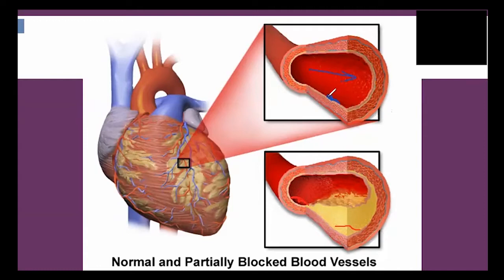So if this small amount of fat lipid attaches here, then the body's systems will think that the blood vessel is damaged there. Then they will trigger our protective systems to try to fix it.